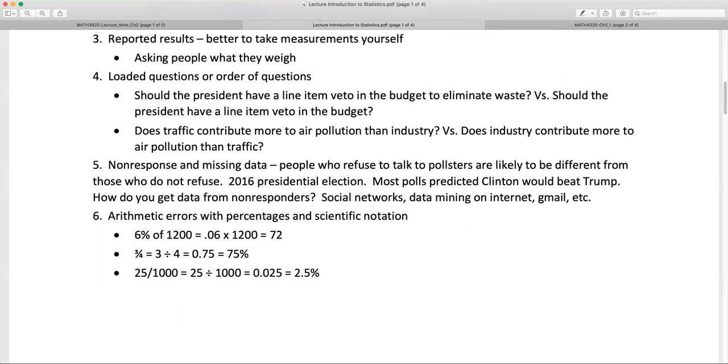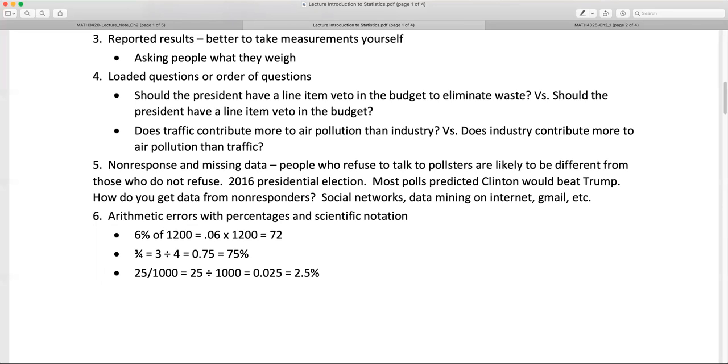People who refuse to talk to the pollsters are likely to be different from those who do not refuse. For example, the 2016 presidential election. Most polls predicted Clinton would beat Trump. Then how do we get data from non-responders? Social networks, data mining on the internet, Gmail, something like that.